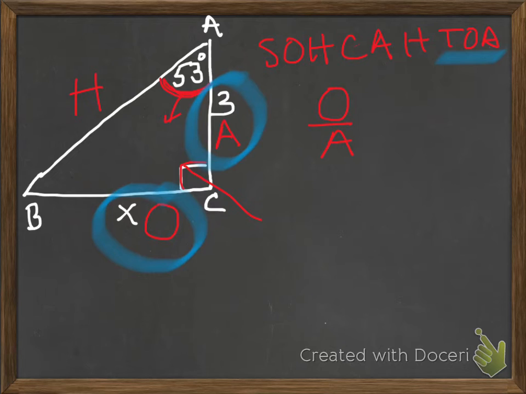That's opposite over adjacent. So we substitute. Opposite is x, adjacent is 3, and the angle we're using is 53 degrees.